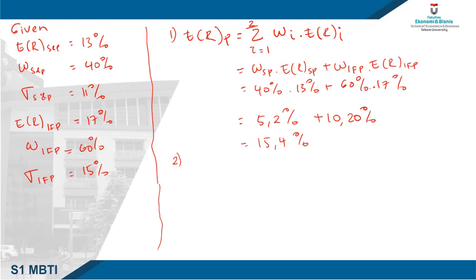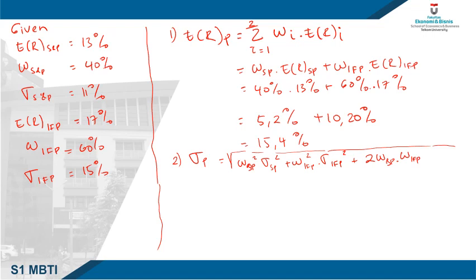Then the second one is the standard deviation, or the risk. We call that sigma p, and that is the square root of W_SP squared times sigma SP squared, plus W_IFP squared times sigma IFP squared, plus 2 times W_SP times W_IFP times rho between, oh yeah, I forgot the rho.